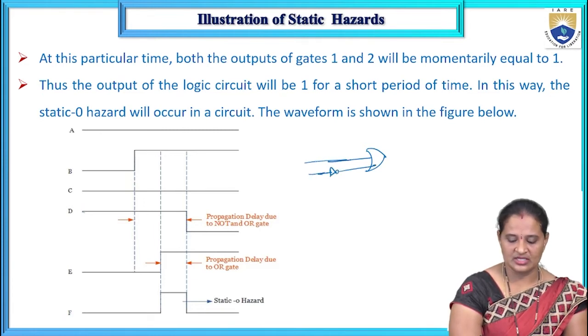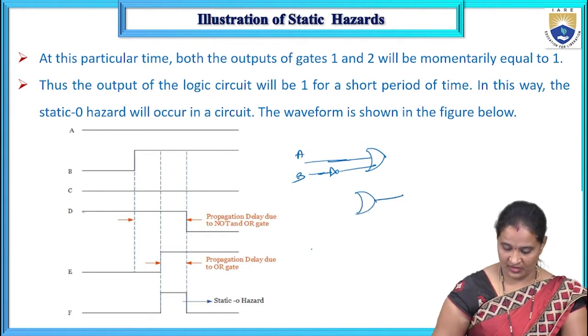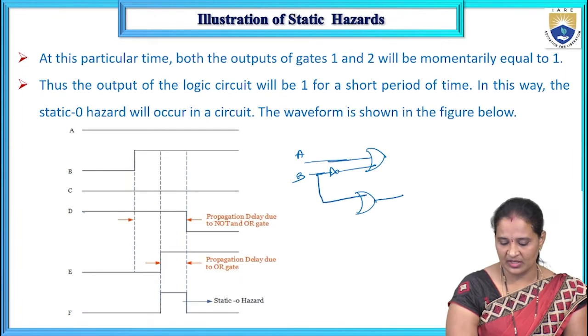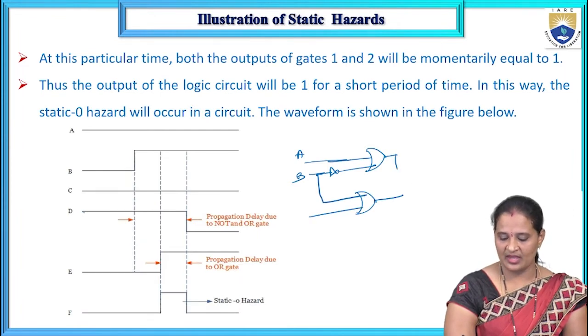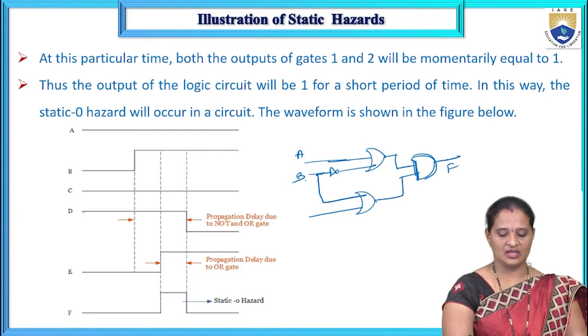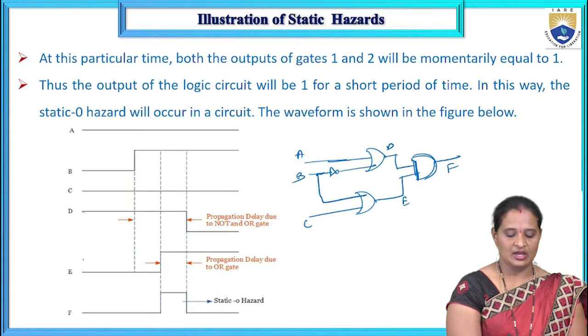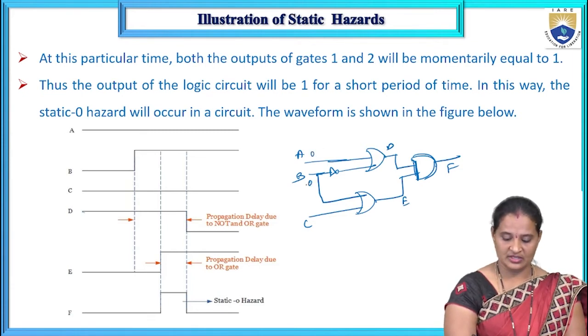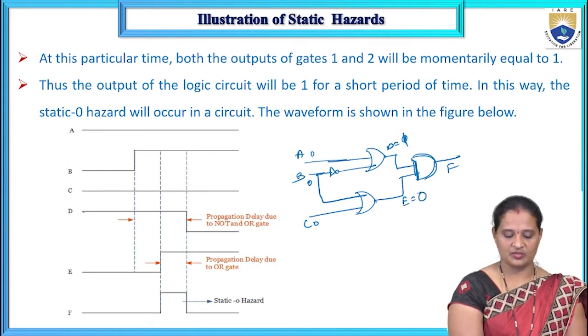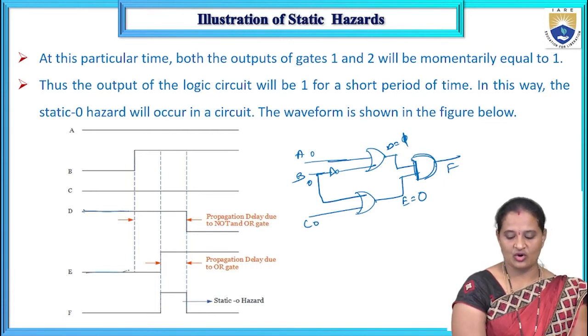This is A, B, and this is one more OR gate where we have B and C, and then we have an AND gate, with output F. Now when A is 0, B is 0, C is 0, the D output is 1 and the E output is 0.